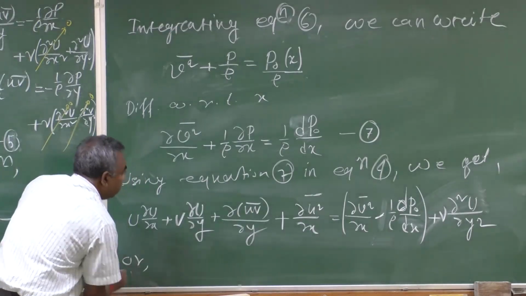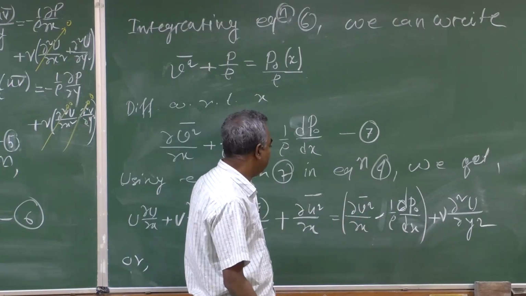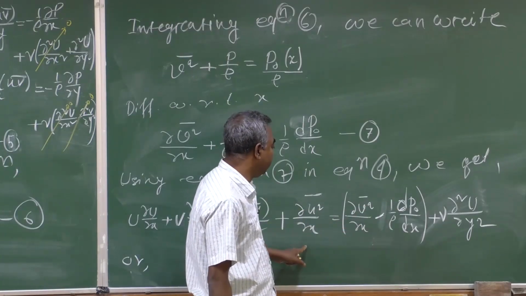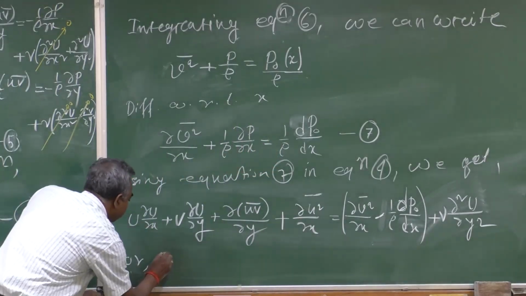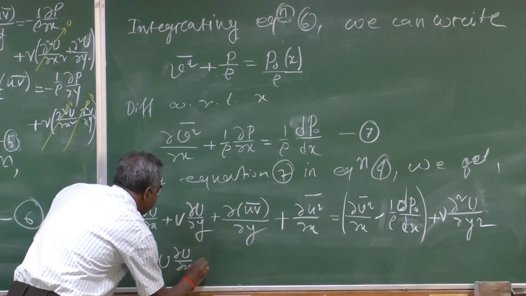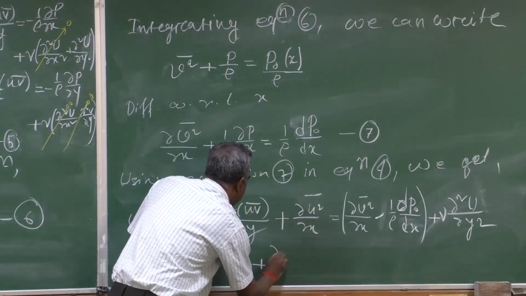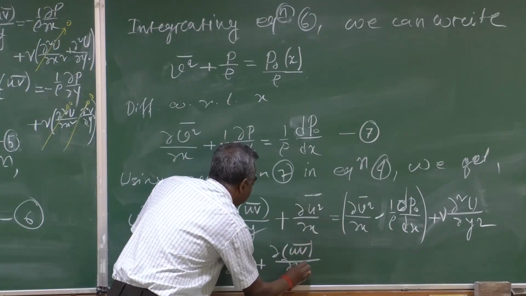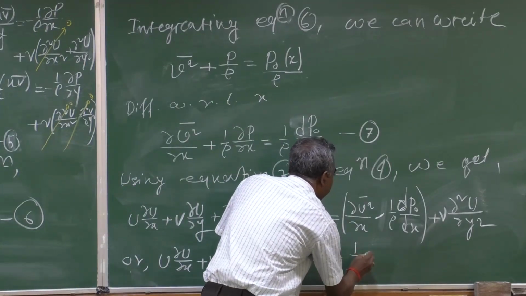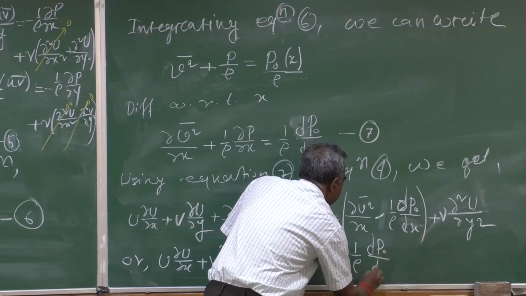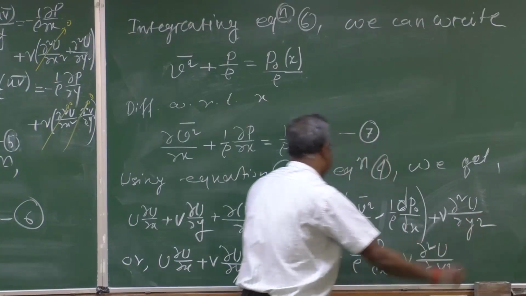Now what you can do, you can get this term this side, applying the condition that the streamwise gradients of all the turbulence statistics are comparatively very small, then you can write this equation as this, plus u v bar del y equals to minus 1 by rho dp naught dx plus nu del 2 u del y 2.